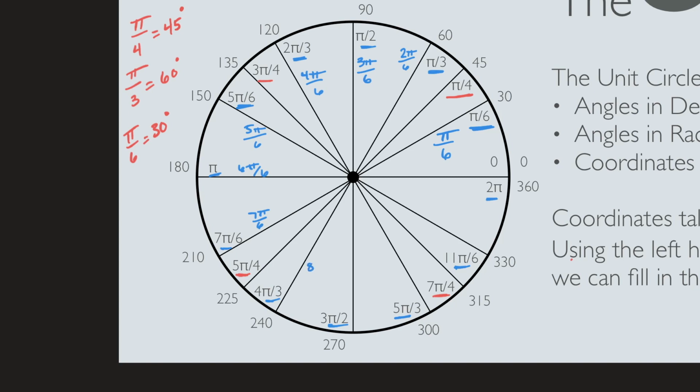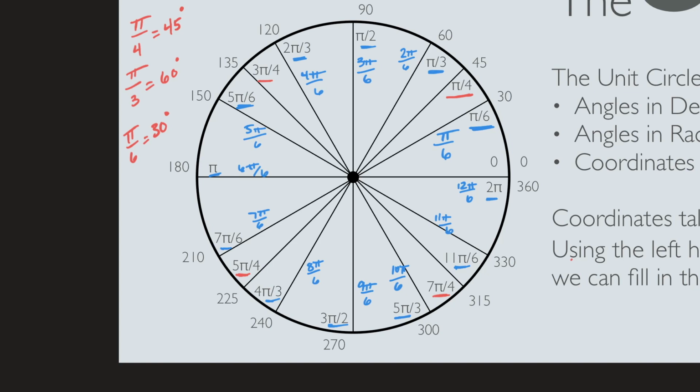This one's going to be 8 pi over 6, 9 pi over 6, 10 pi over 6, 11 pi over 6, and 12 pi over 6. So really, it was just a pi over 6 attached to 1, 2, 3, 4, 5, 6, 7, 8, 9, 10, 11, and 12. Okay?